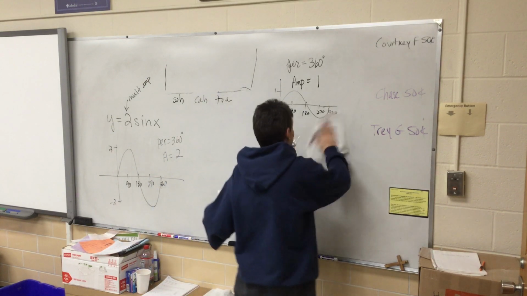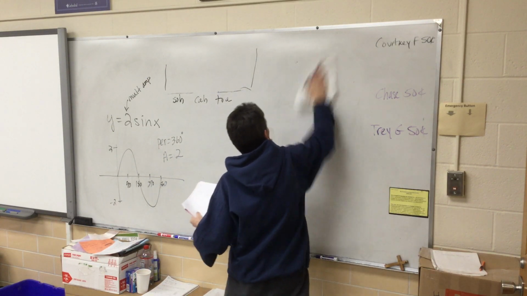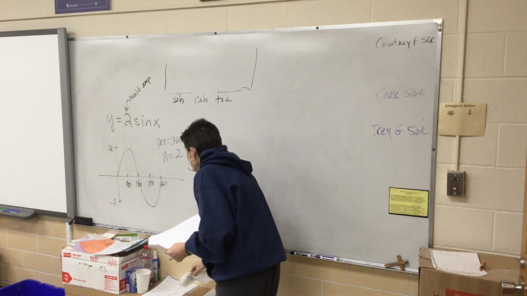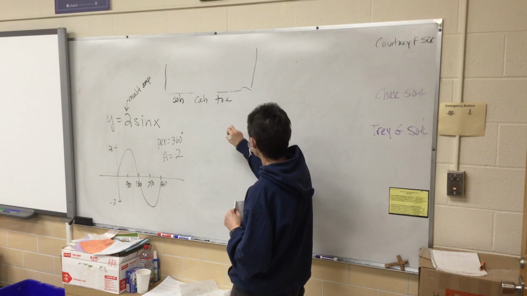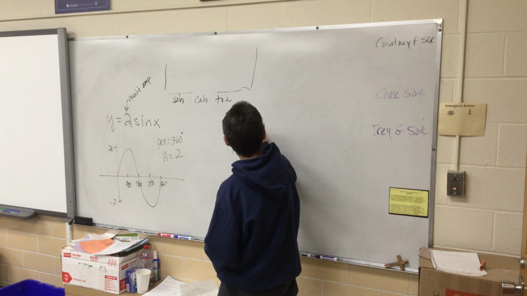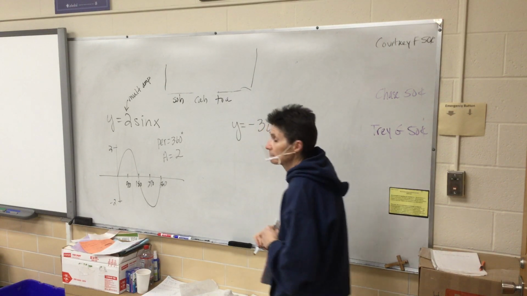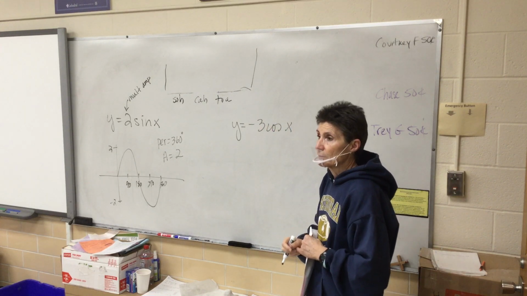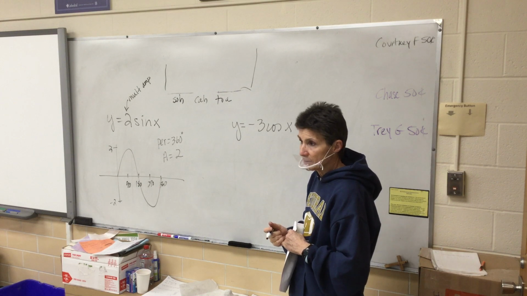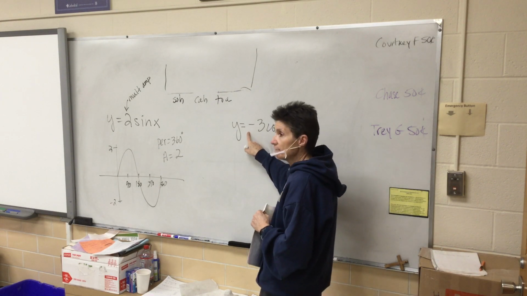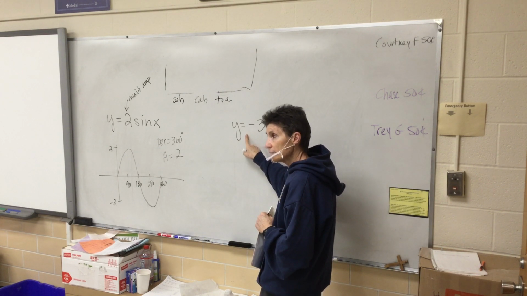All right, now look at the next one. Now we have a cosine, but it has a -3 in front of it. Okay, so now stop and think. It's a cosine, but the negative turns it upside down.